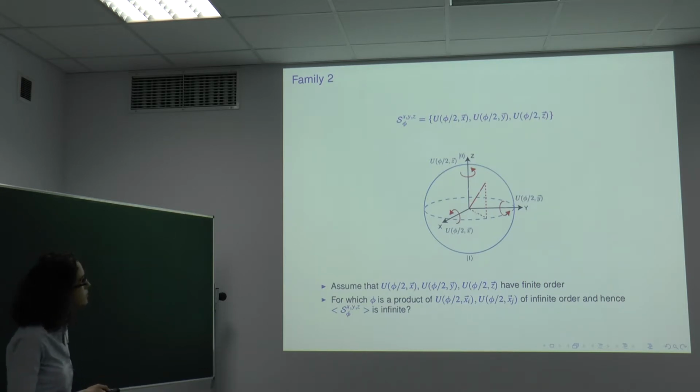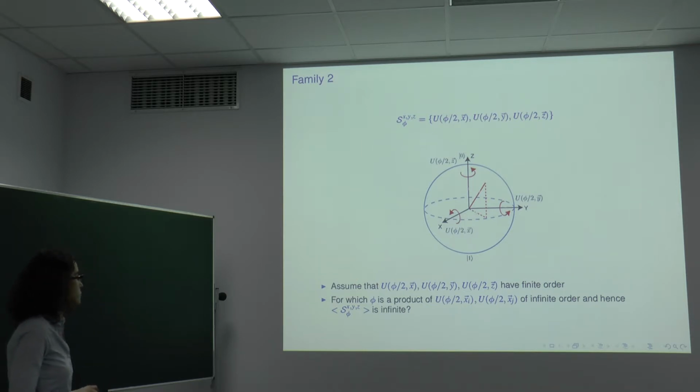Next, let us consider another family of gates which is also very important: rotations around axes x, y, and z by angle pi divided by 2. Assume again that they are elements of finite order. This means the angle phi is a rational multiple of pi.